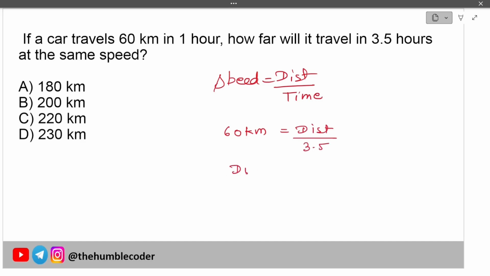So how will we find the distance? 60 into 3.5, which gives us 210. So our answer will be 210 kilometers. As I told you in the starting, the correct option is not there. If there were an option 210 kilometers, that would be the correct one. Let's now move on to the next question.